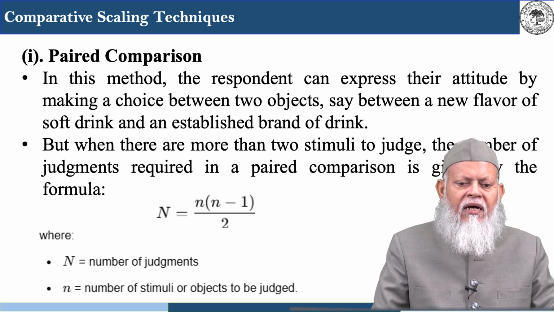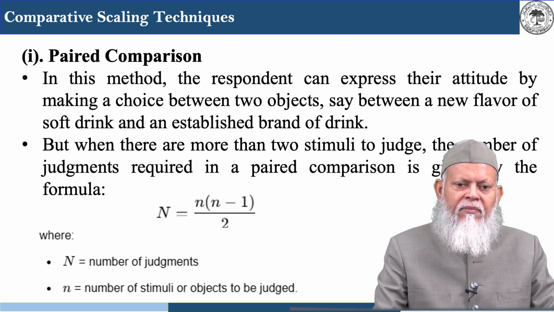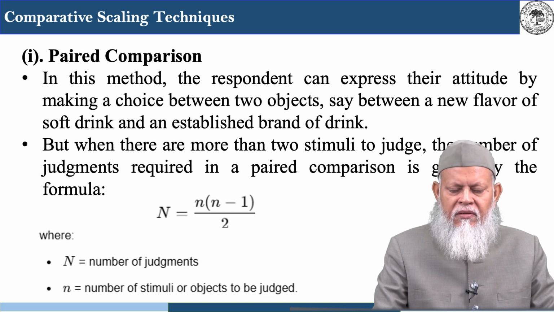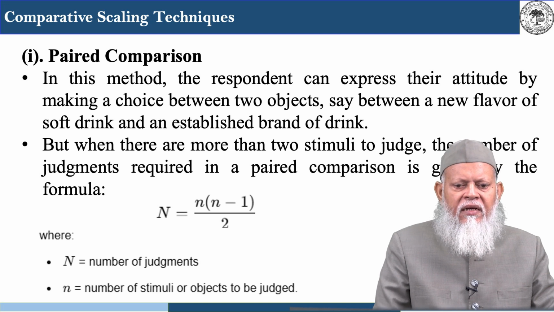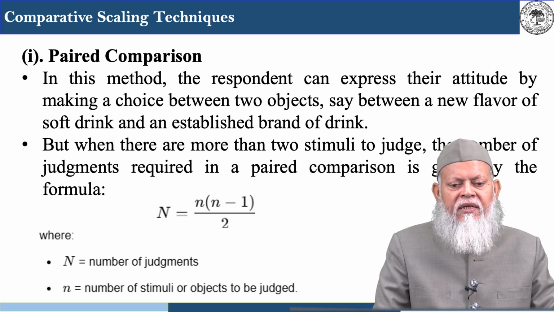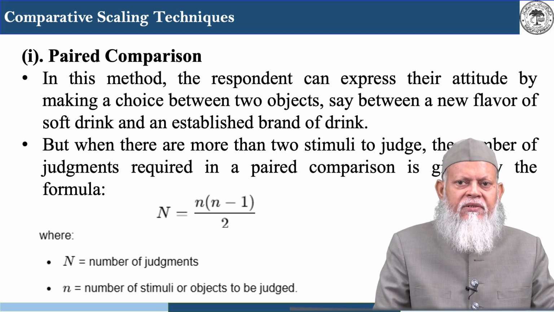So in the formula N = n(n-1)/2, capital N is equal to the number of judgments, whereas the smaller n indicates the number of stimuli or objects to be judged.